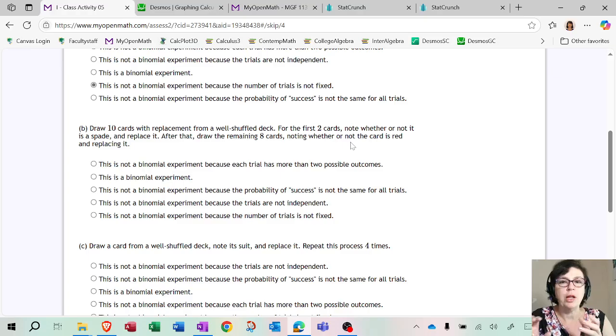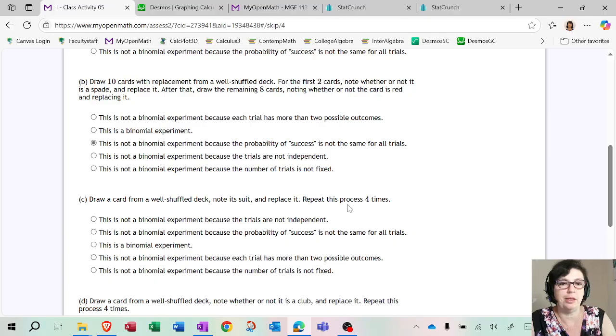However, the difference here is that the first time around, I label success as whether it's a spade or not, and the chance of a spade is 1/4. But for the next ones, I am only looking at whether it's red or not red, and the chance of that is 1/2. So you are switching the success probability midway through your experiment. That's not a binomial experiment because the success probability is not the same.